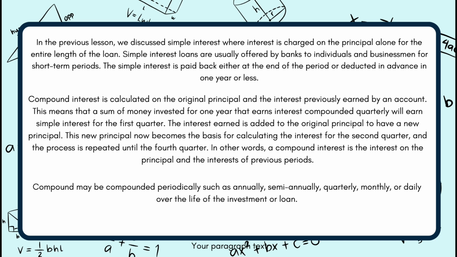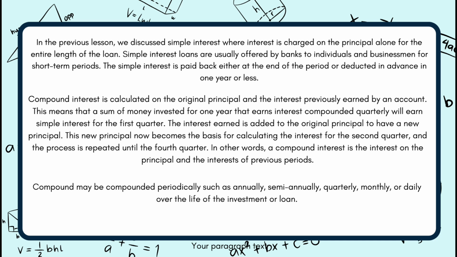So, what is compound interest? When we say compound interest, it is calculated on the original principal and the interest previously earned by an account. This means that a sum of money invested for 1 year that earns interest compounded quarterly will earn simple interest for the first quarter.